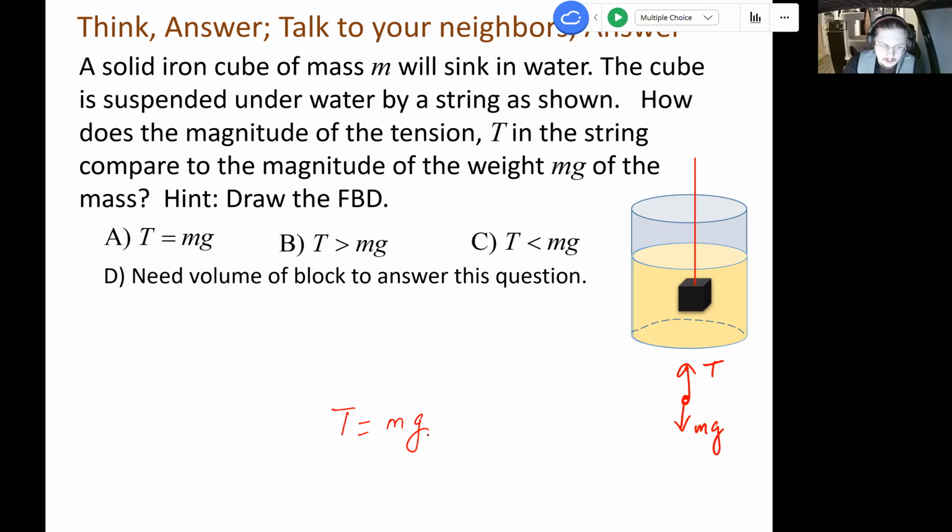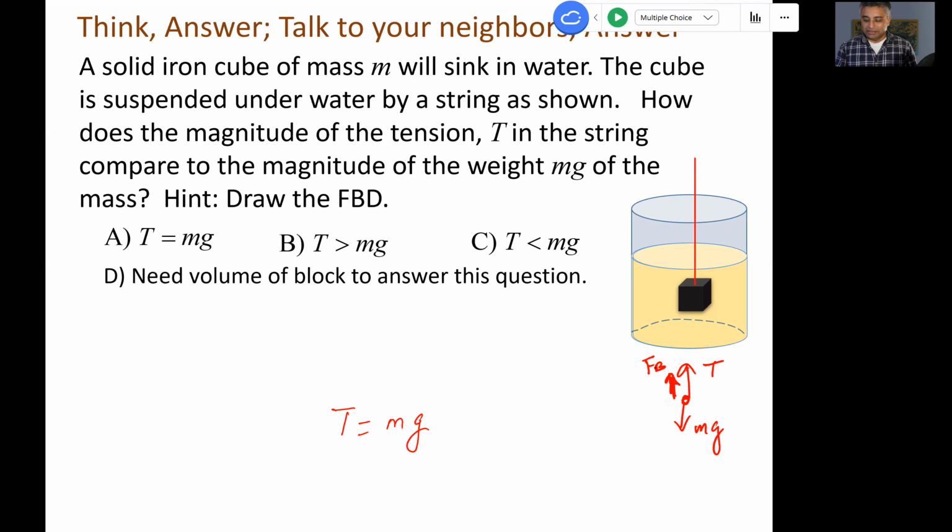Doesn't it have a normal force somewhere? Is it sitting on some surface? Well, yeah, there's some water, or some buoyancy. There's matter that it's sitting on that's pushing it up. Yeah, there is buoyant force. Yep, I missed that.